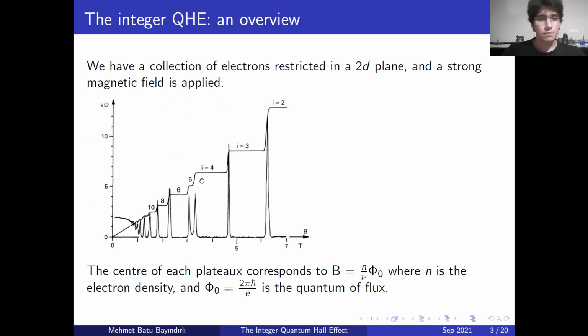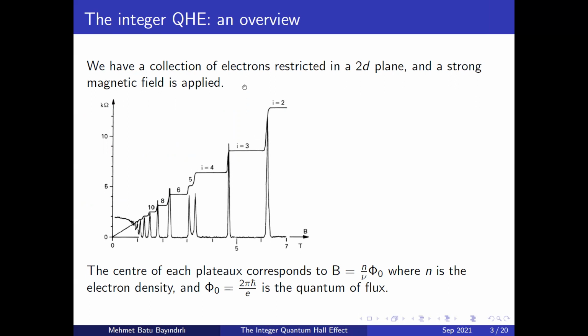Okay, so to simply state, the quantum Hall effect occurs when we have a system of electrons in a 2D plate or plane, and we have a strong magnetic field. So in this talk, we'll assume the magnetic field is pointing upwards in the Z direction.